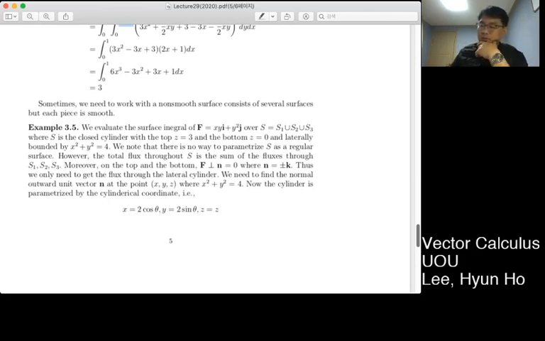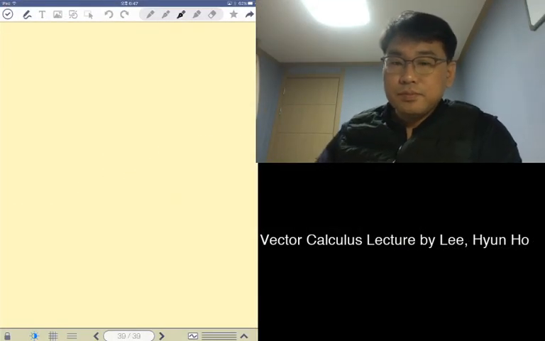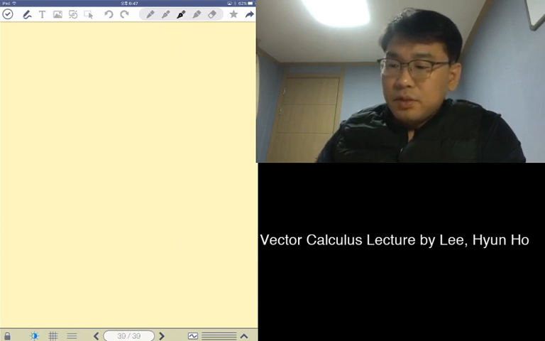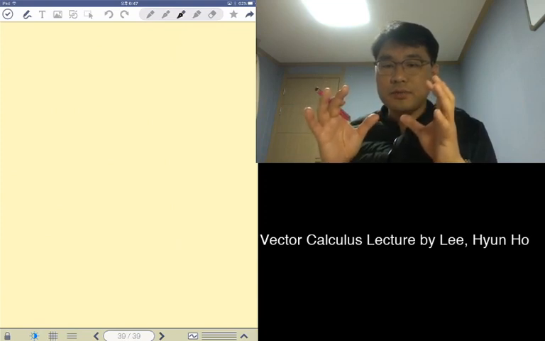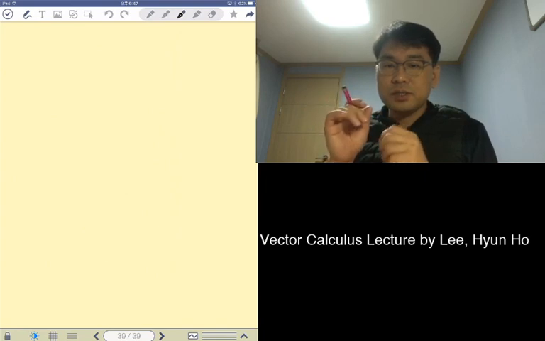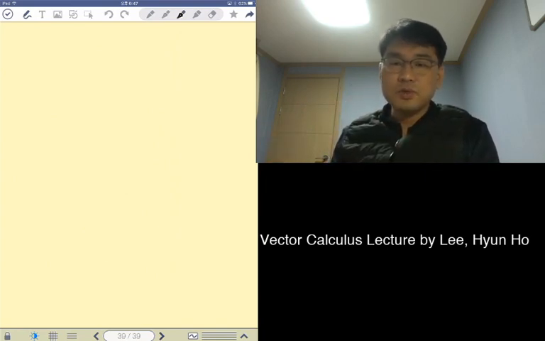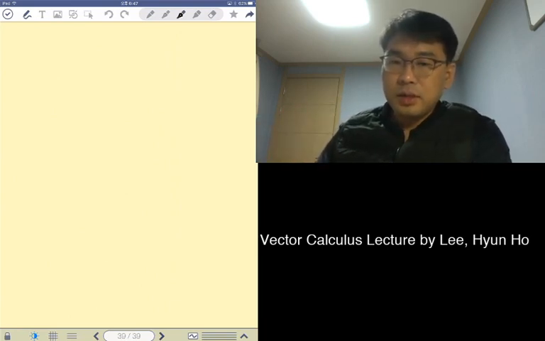Let's say, for example, in the picture that you see, we combine two surfaces, and sometimes it's not smooth. Let's think about this.